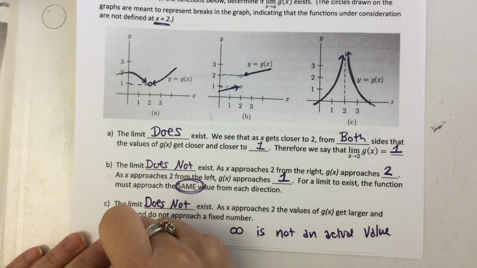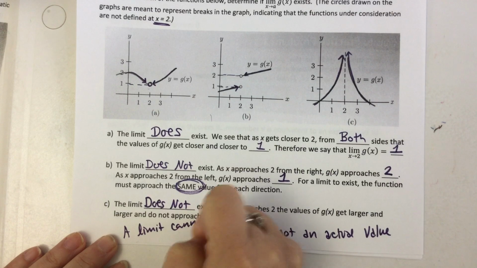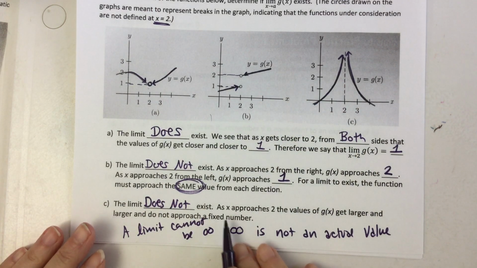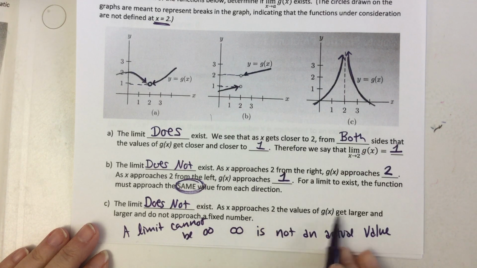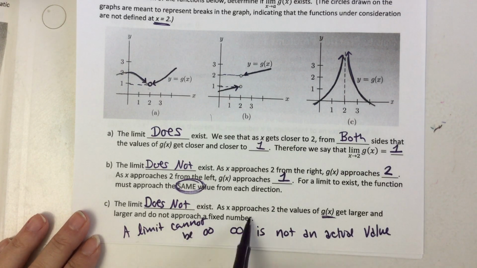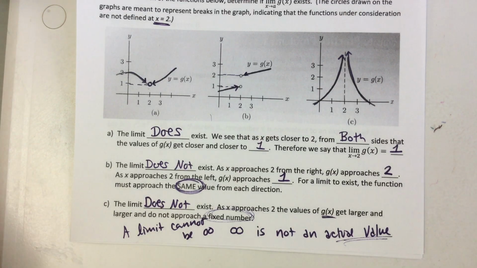A limit cannot be infinity. And that's what those are doing. That's an asymptote. As x approaches 2, the g of x values get larger and larger. They're not approaching a fixed number. It's not an actual value. For a limit to exist, you have to be approaching an actual numerical value, like 1 or 2 or 3.